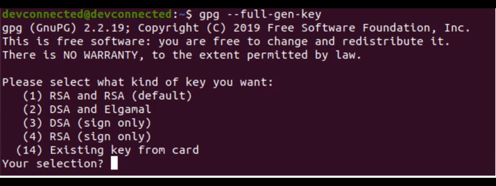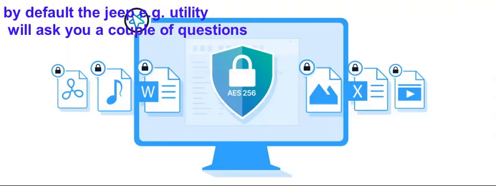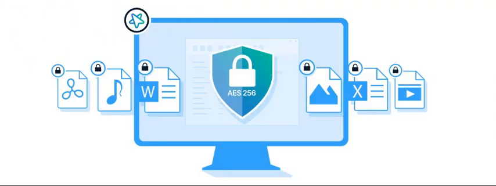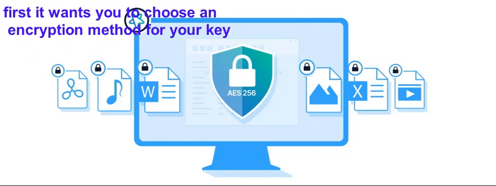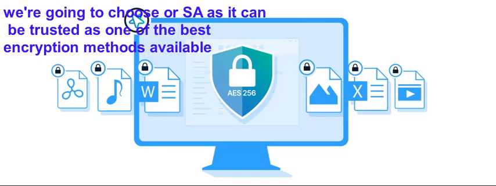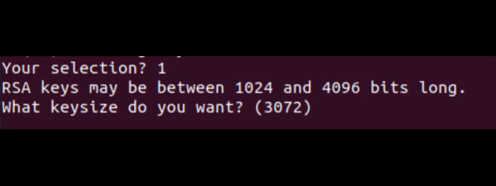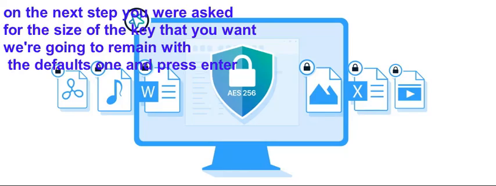By default, the GPG utility will ask you a couple of questions. First, it wants you to choose an encryption method for your key. We are going to choose RSA as it can be trusted as one of the best encryption methods available. On the next step, you are asked for the size of the key that you want.